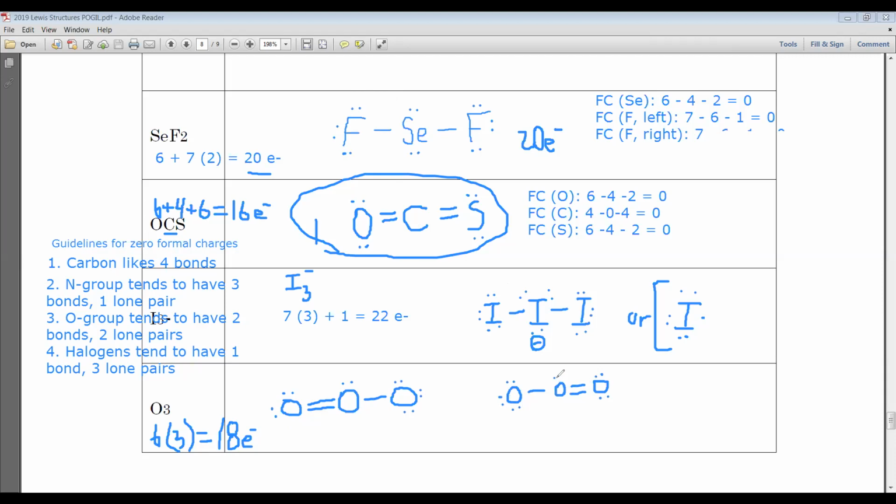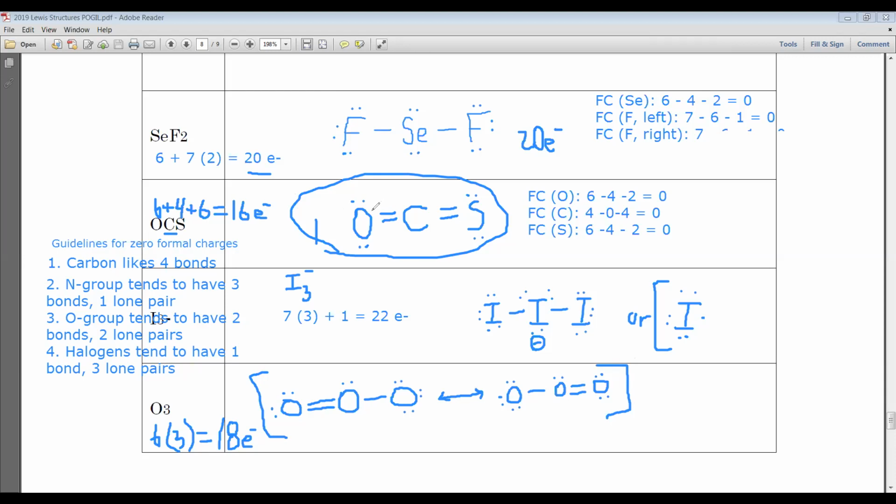To show that they are resonance structures, I'm going to draw in a double arrow, put brackets around it, and that's all that there is to it. I gave them triple bonds, and I couldn't figure out where to put the last two. I was short two. Well, the reason you're short two is because you added one too many bonds.